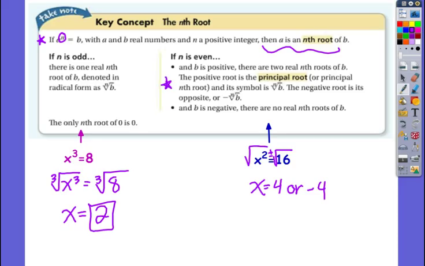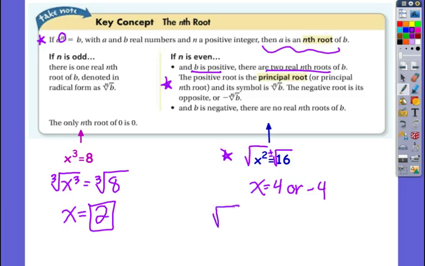So that's kind of what this piece is saying. If 16 is positive, then there are going to be 2 real square roots of 16. So if I ask you for what the real square roots of 16 are, it's like saying this: what number squared is 16? There's actually 2 answers, 4 and negative 4.